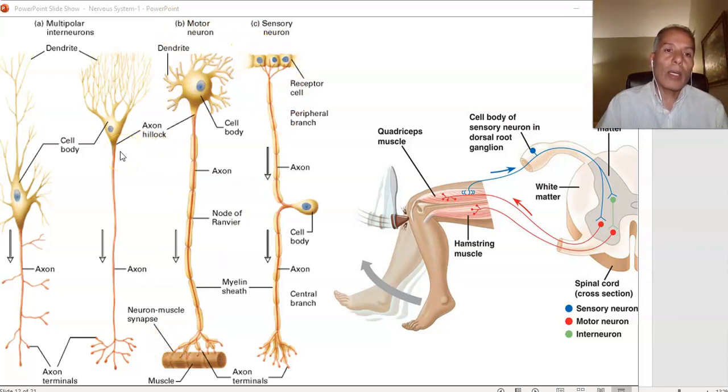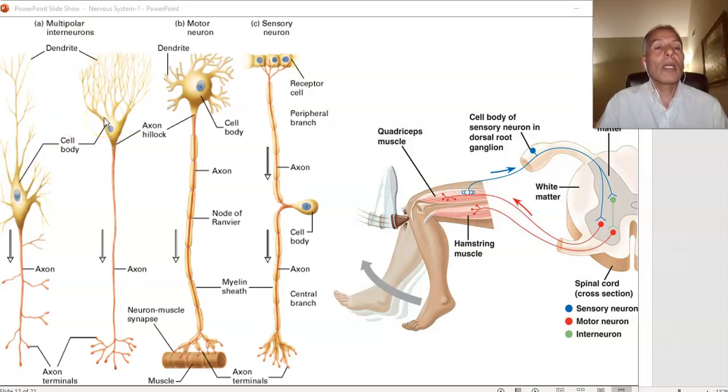And here you have another kind of neuron, where you can see the cell body and the axon, and then you have the branches. This is called the pyramidal neuron. That is a kind of this kind and this kind.